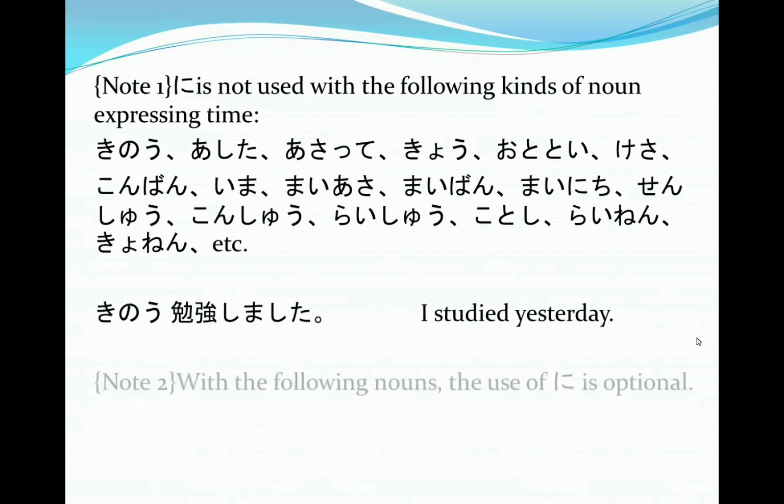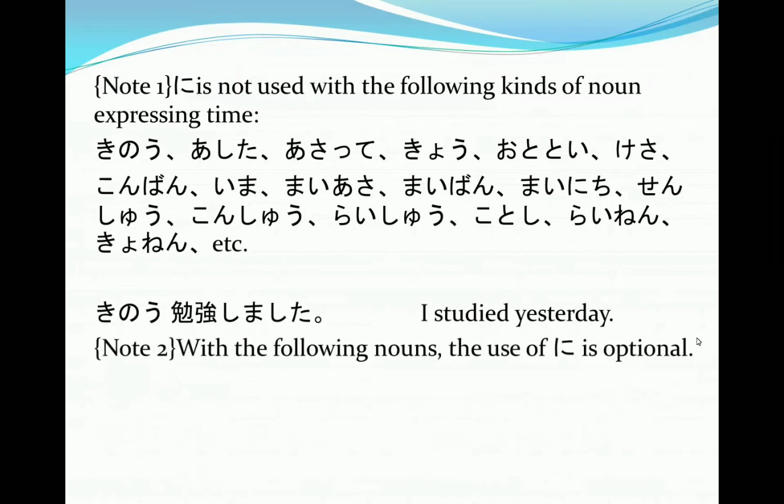So with the following nouns, the use of ni is optional. The yobis or any days of the week, let's say getsuyobi, kayobi, and so on, using ni is very optional. The asa, morning, hiru, noon, ban, and yoru for the night. Using ni is very optional.